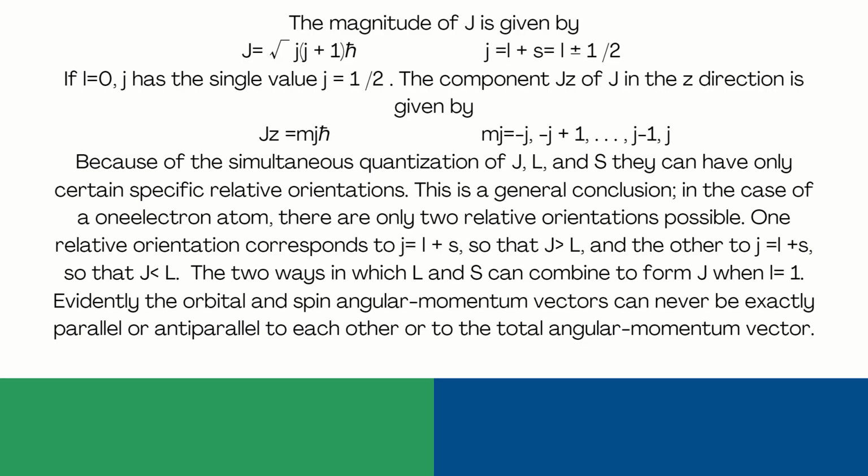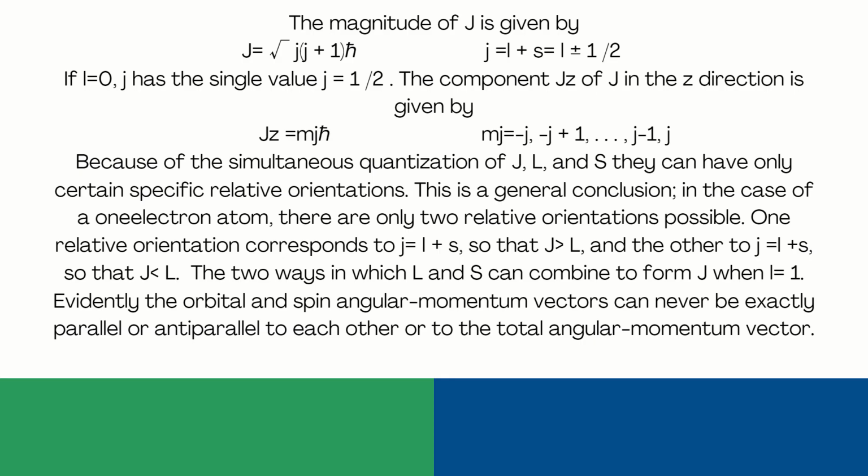This is a general conclusion in the case of a one electron atom. There are only two relative orientations possible. One corresponds to j equals l plus s, so that J is greater than L, and the other to j equals l minus s, so that J is less than L.